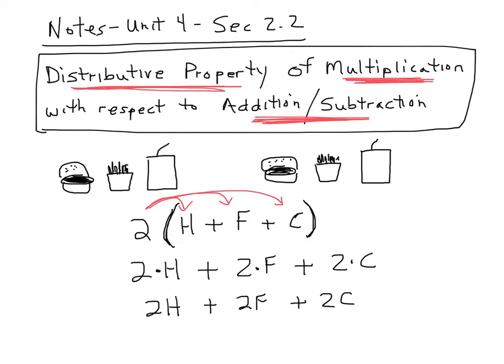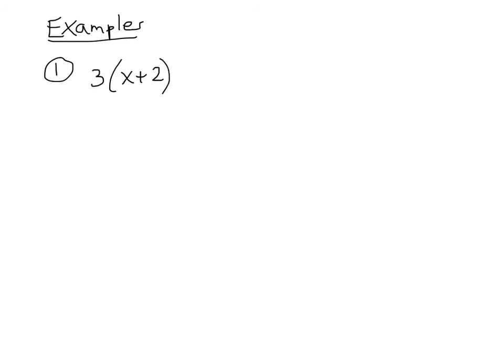All right, let's try a couple examples. So the first example, we'll take 3 times the quantity of x plus 2. All right, so this is the distributive property of multiplication with respect to addition. The outside number is being multiplied. That's what it means when a number is next to a parentheses.